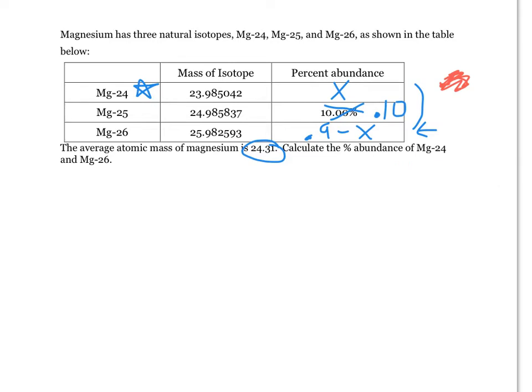Okay, so now we just treat this as a regular average atomic mass problem. What you do is you always take the masses and multiply them by those percentages.